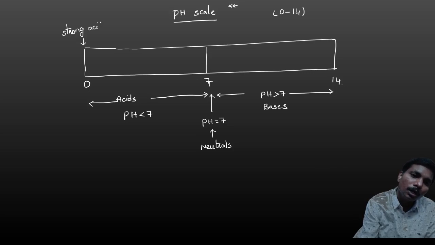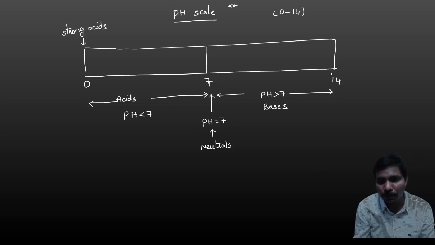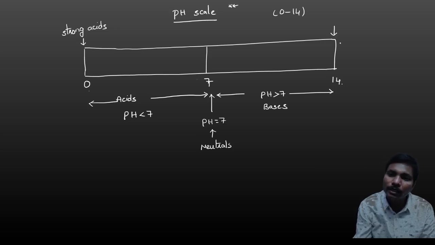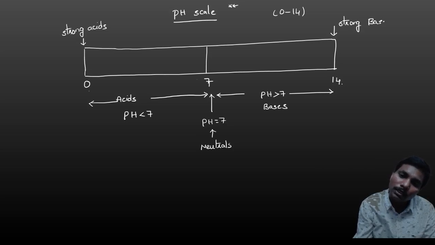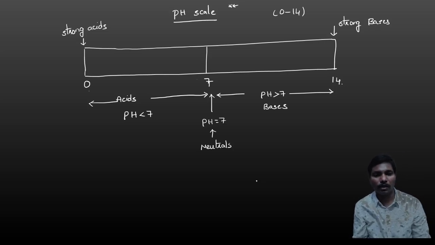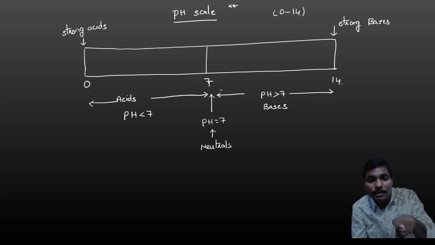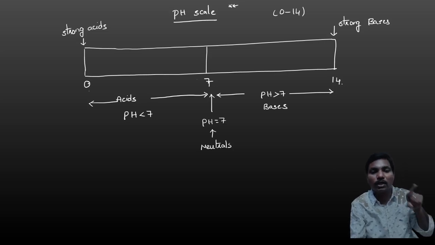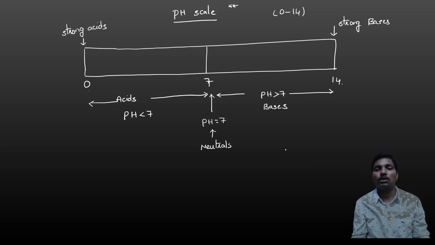In the same way, pH near to 14, those are strong bases. So whenever the pH is less than 7, those are acids; greater than 7, bases; exactly 7, neutrals. Very near to 0, strong acids. Very near to 14, strong bases.